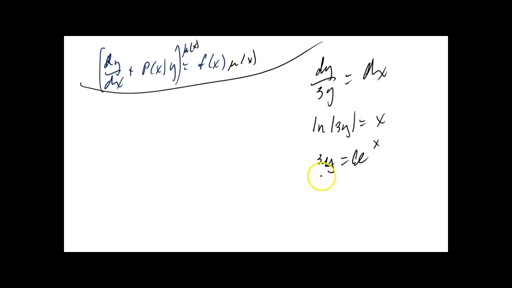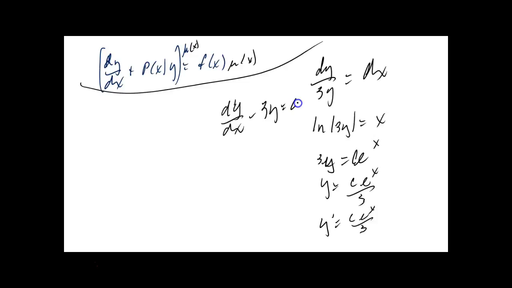We'll go to that c e to the x, and y is equal to c e to the x over 3. Okay. And then y prime would be c e to the x over 3, and our original thing was y prime, dy dx minus 3y equals, no, yeah.